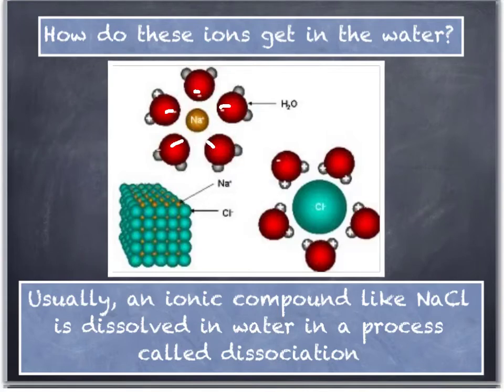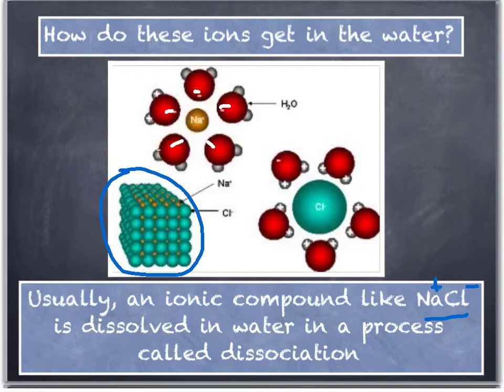So a good question might be, okay, how do these ions get in the water in the first place? Well, often what happens is a solid ionic compound, like say sodium chloride, salt. You can tell it's ionic because it's got a cation, sodium, a metal, and chloride, the anion, a nonmetal. Here's a crystal of sodium chloride, made of alternating sodium and chloride ions.